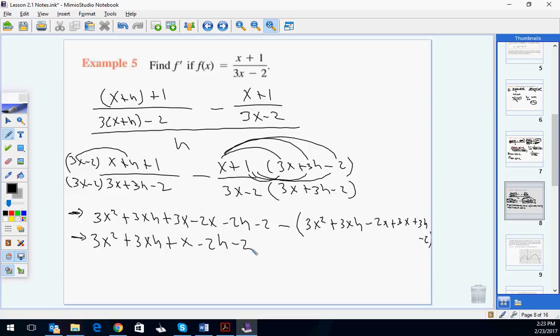Plus x minus 2h. I leave it till the end just to make sure. I don't do it first. I'm going to simplify the top first and see what it looks like, just like we do have the h. Multiply the bottom last.